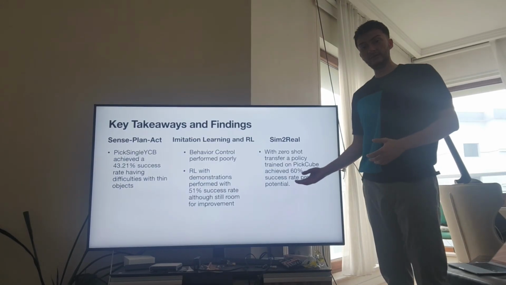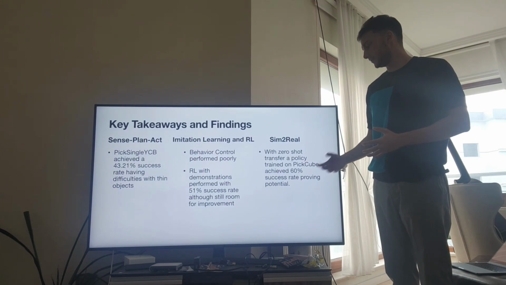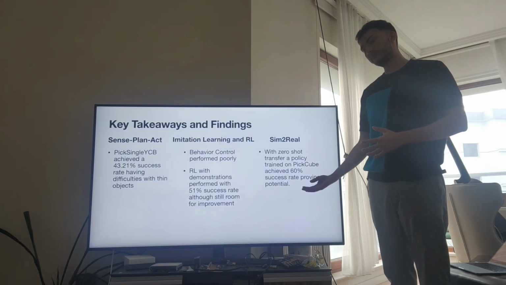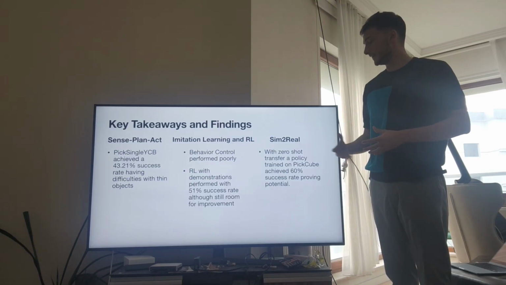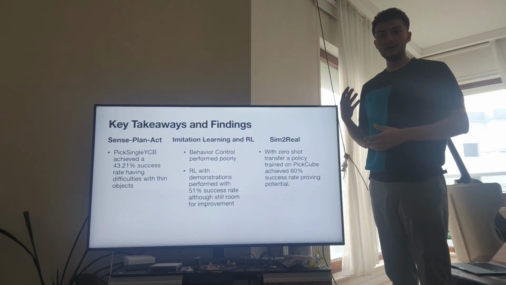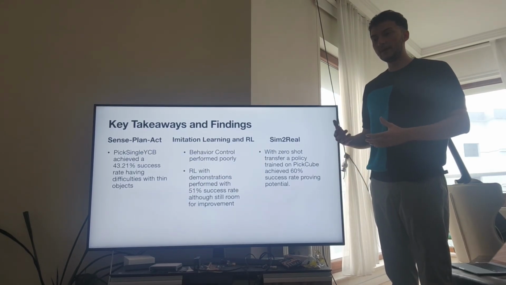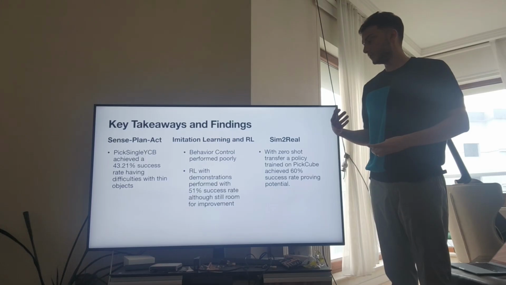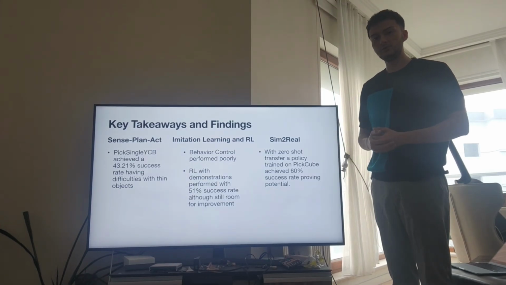And the best one is Sim2Real, with a zero-shot transfer policy trained on PickCube, achieving a 60% success rate, proving potential. With Sim2Real, we saw in the article that there's a 60% success rate, proving potential. So we can see that in the future we could achieve a higher success rate with Sim2Real, and there's potential to continue on these findings.